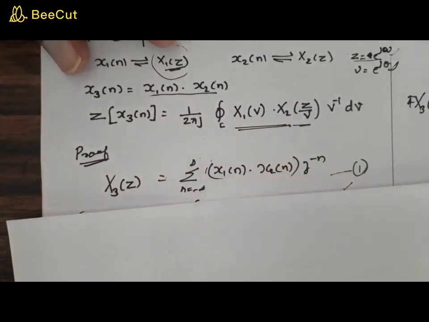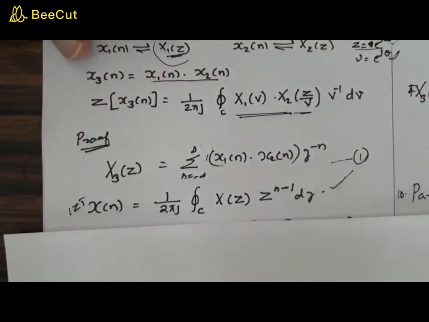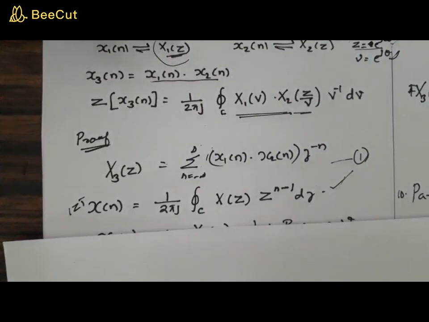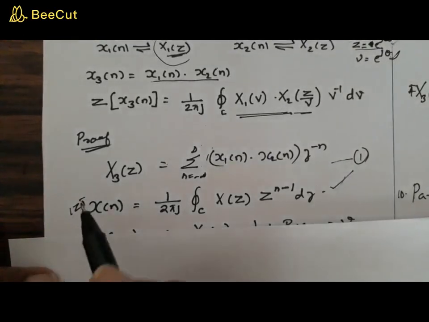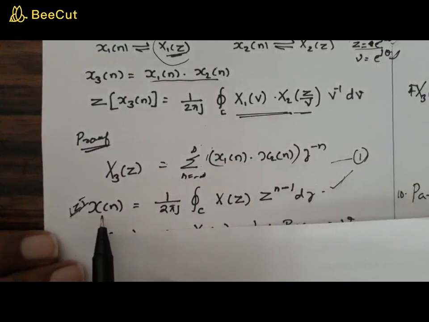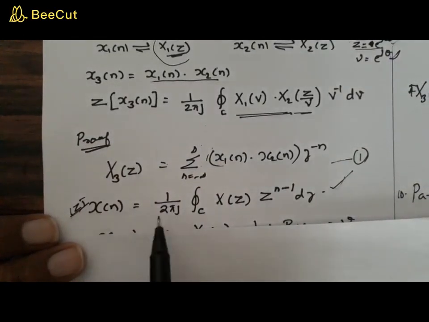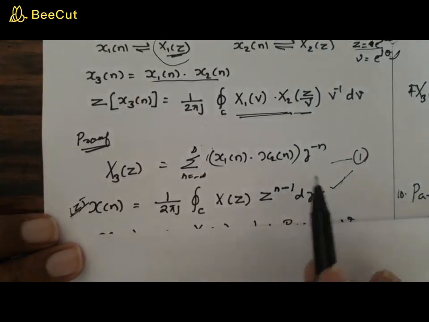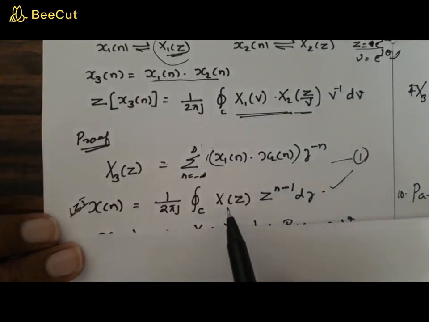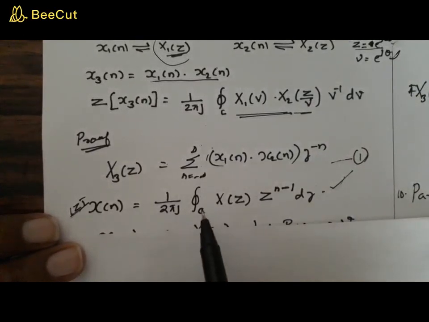Now, I have already mentioned in the last video, I think it's the 18th video, when I introduced the Z transform, I also specified the inverse Z transform. So for a signal, to get back the time domain signal, you have this expression: the given x of z is multiplied by z raised to n minus 1 and a contour integration is performed.